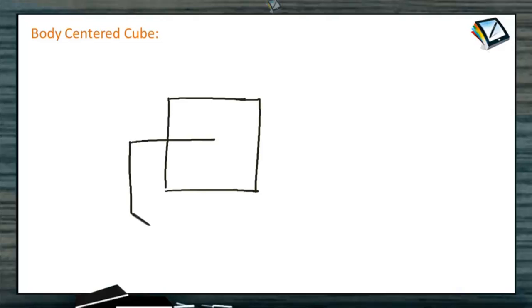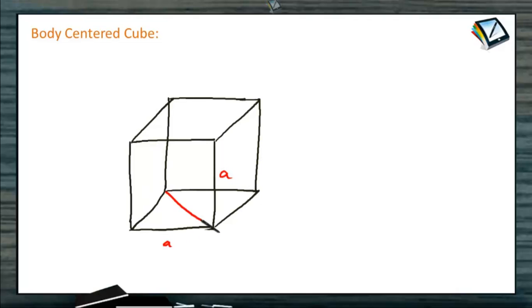Next one, the distance between the two nearest atoms in the body centered cubic crystal. This is also the same as it has 8 corners as well as one unit which is present at the body center. And as we know, these two are the edges, and this would be the face diagonal, that is root 2 A, and this would be the body diagonal, this is root 3 A. This root 3 A means one atom is present at the body center, another one is at a corner, and another at another corner.